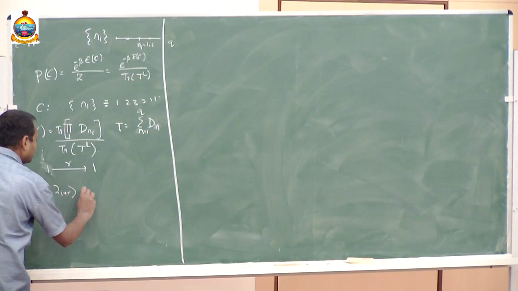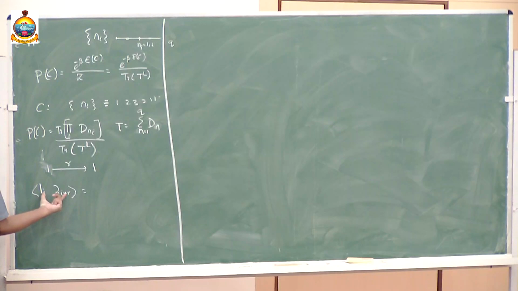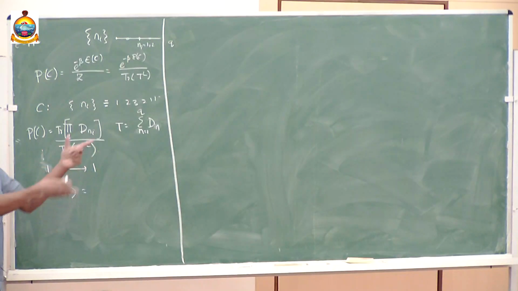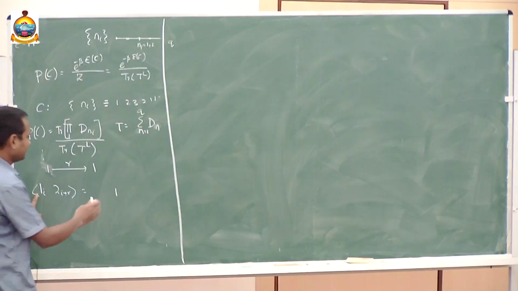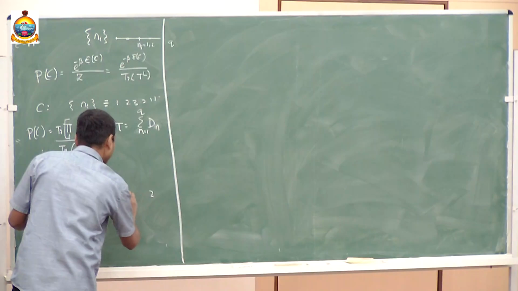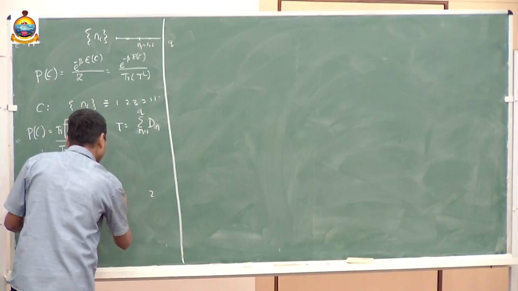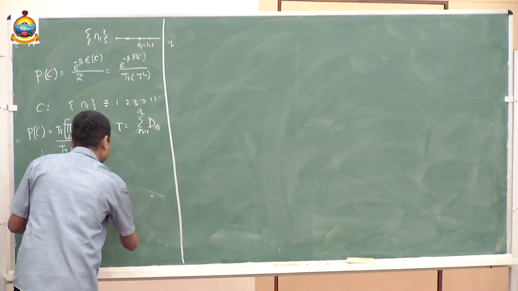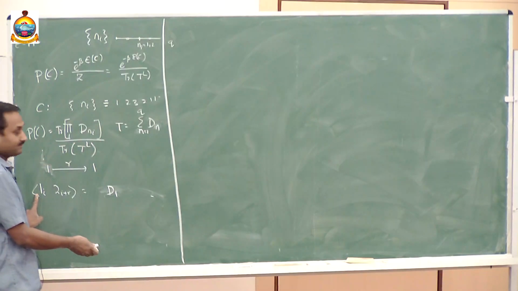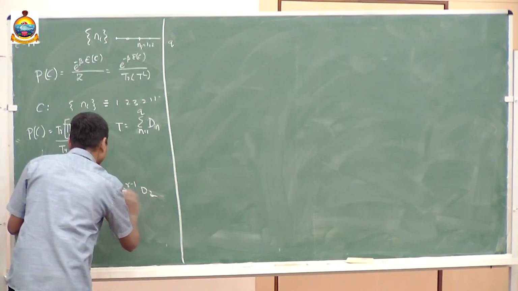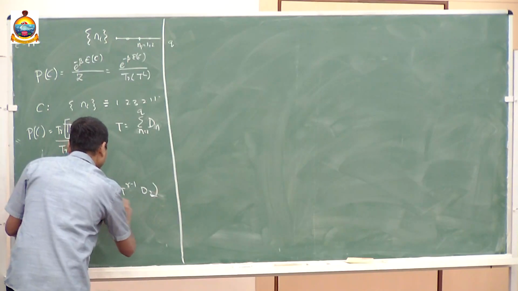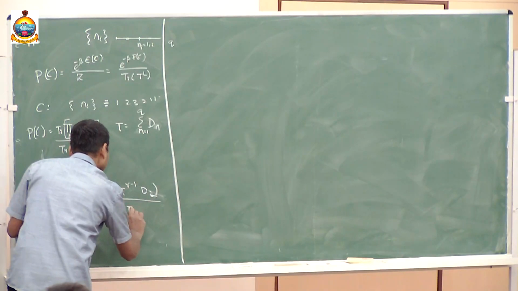This can be written as matrices at these two places, and at all other places you can put anything. So all configurations having 1 at, let us say, the first site, and at a distance r you have 2, and anywhere else, the corresponding matrix you write D1, and anything is basically T. So this is T to the power r minus 1, and then D2, trace of that divided by trace of T to the power L. This is very simple.